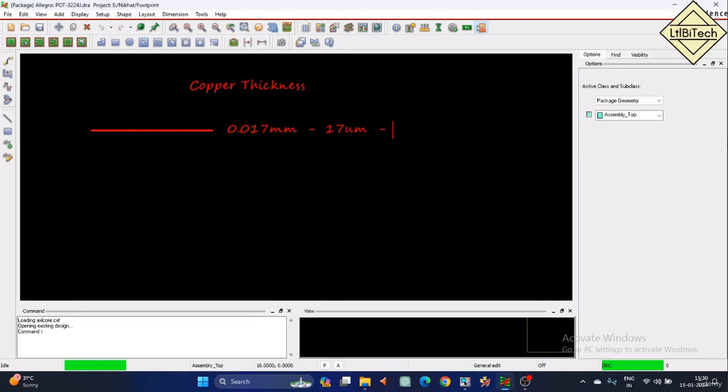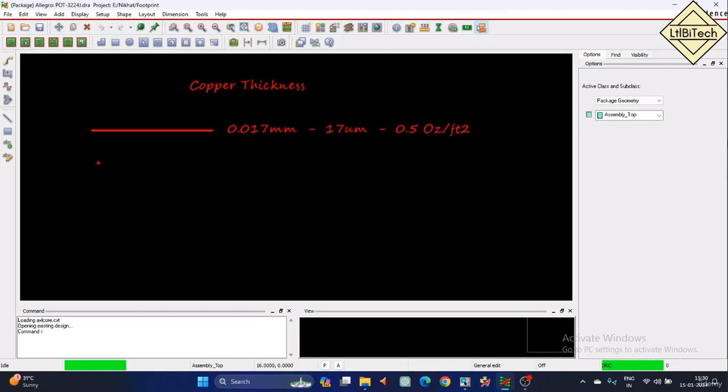If you come across the copper weight, it is 0.5 ounce per square foot. This is the first copper thickness, which is very thin in nature. The thickness of this one is 17 microns, which is 0.5 ounce per square foot in copper weight.